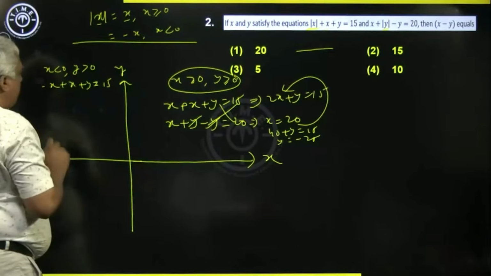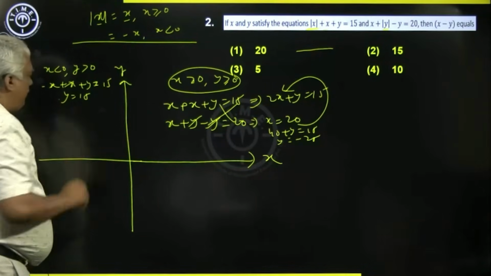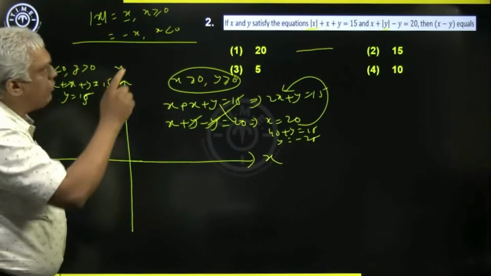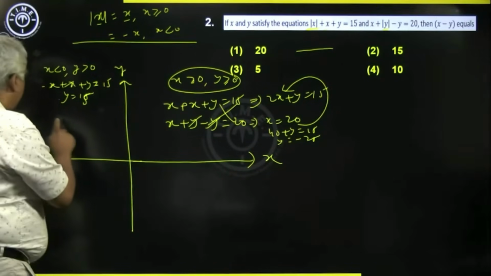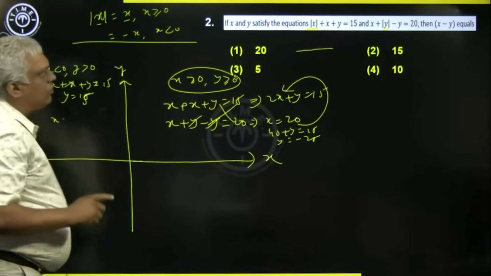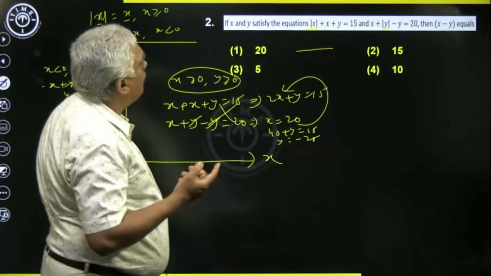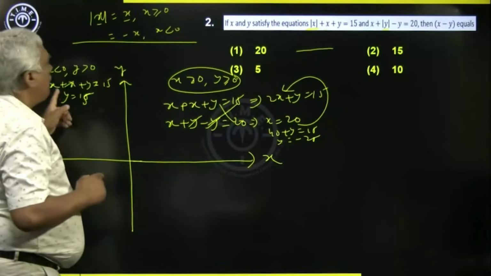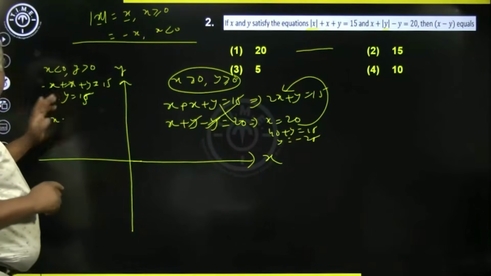Now x cancels, so we got y = 15, which is okay because y is positive. Let us check the second one, x + |y|.